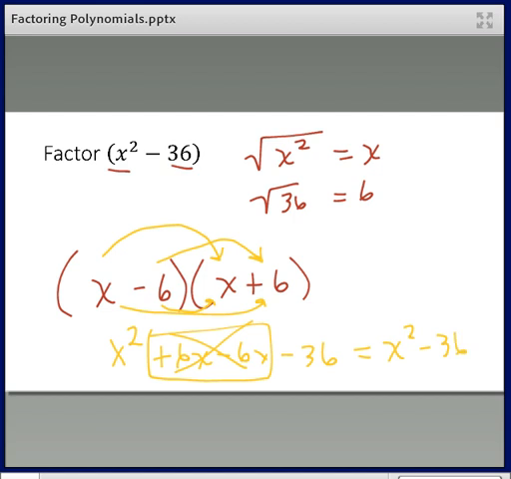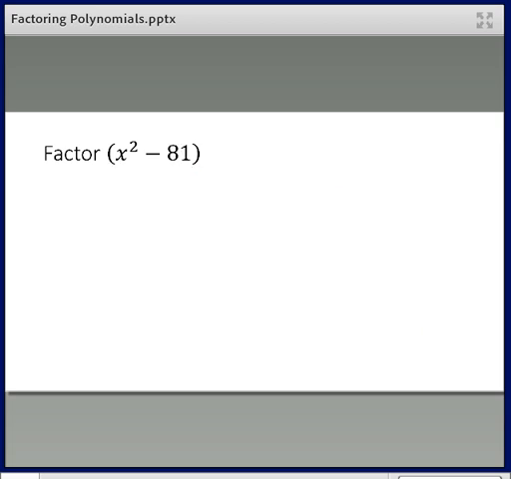So that just leaves us with x squared minus 36. So those are your factors. X minus 6, x plus 6.